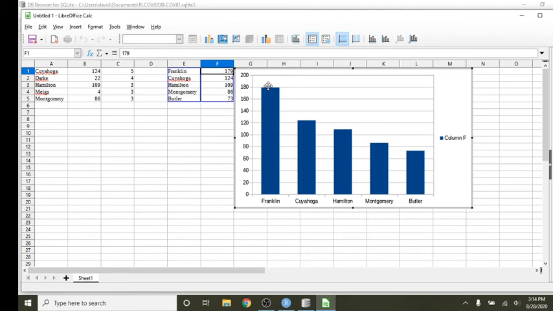So Franklin County is rated number 1 in terms of cases, but it's not rated top 5 among deaths because it had no deaths on the 27th. So Franklin County had 180 new cases on the 27th. Okay, good.